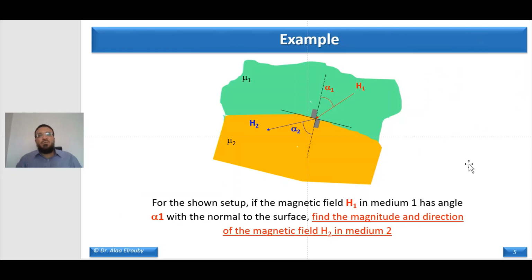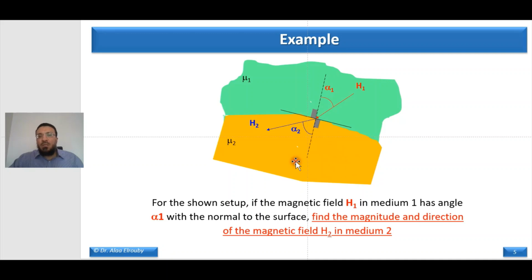Now it is time to apply our learning on this example. On this example, we have two magnetic materials that are different from each other. Material 1 with mu1, material 2 with mu2, and we have a magnetic field H1 that is known in medium 1, and this field is making an angle alpha 1 to the normal to the boundary.